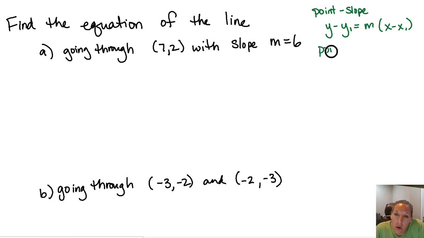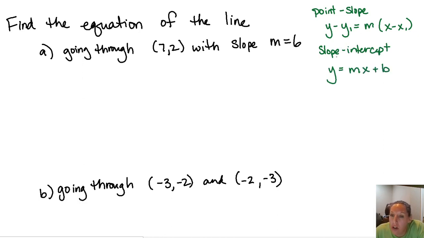And then another form of the line that we see a lot is called slope intercept. That's if we know the y-intercept and the slope, it's going to be y equals mx plus b.